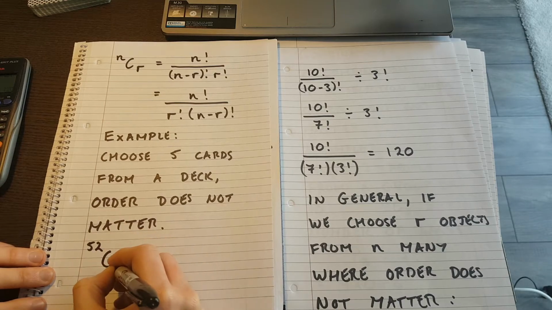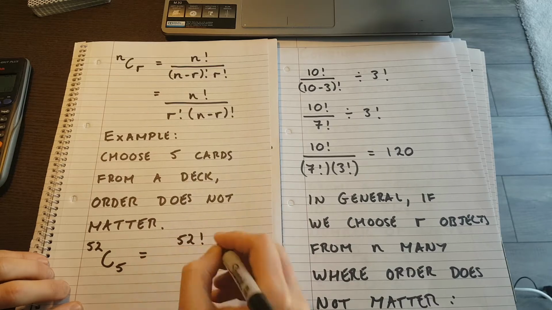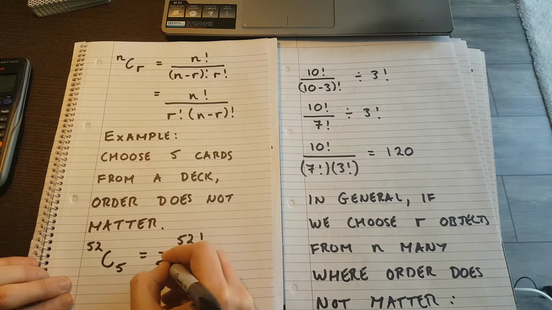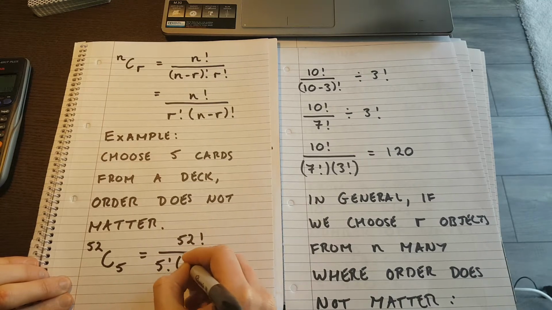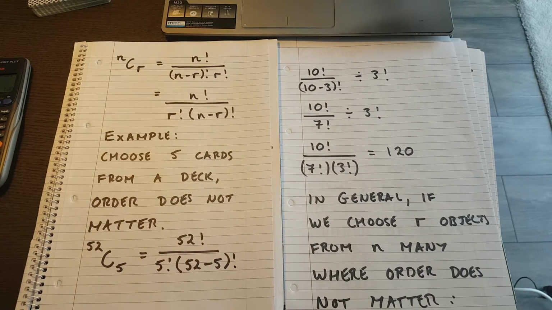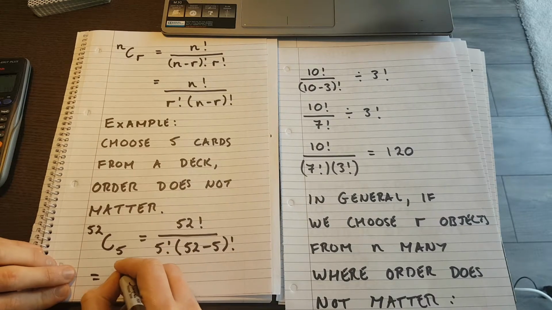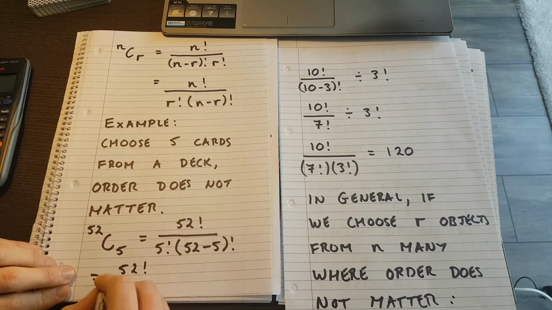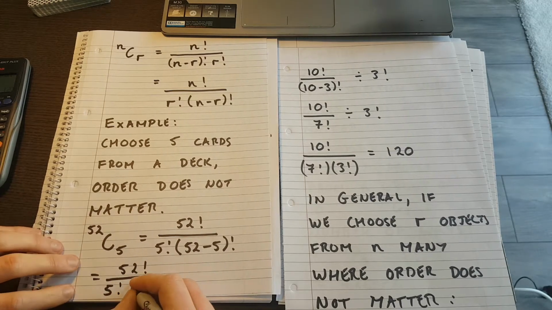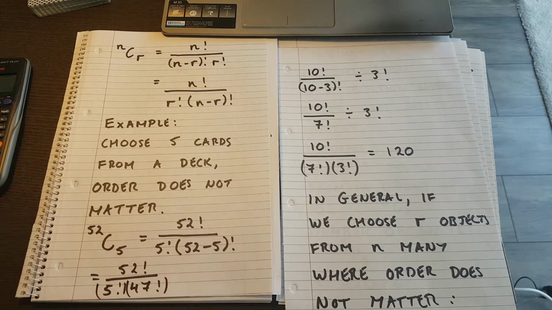I would be choosing 5 of them, and that would be 52 factorial on top. I would have 5 factorial on the bottom, and I would have 52 minus 5 factorial. So that would be 52 factorial over 5 factorial, and 52 minus 5 is of course 47, so 47 factorial. Like that.